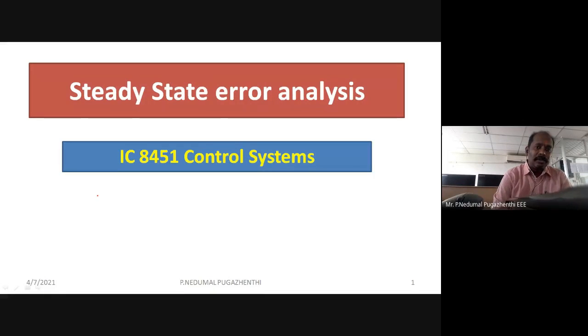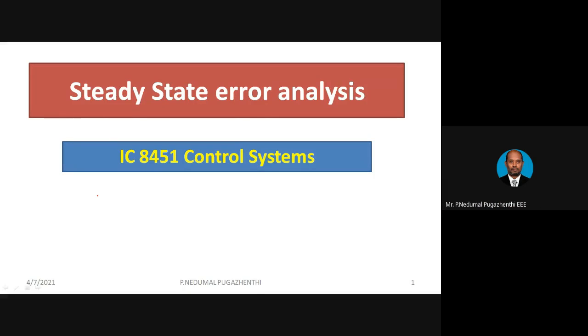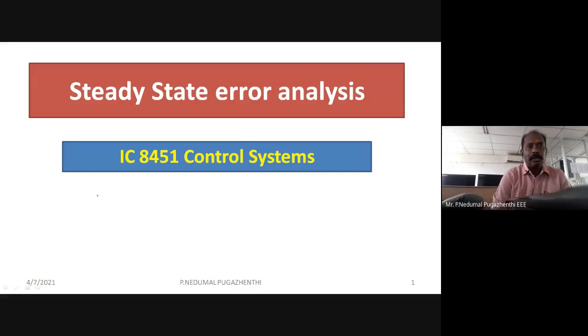Transient response analysis is what we have discussed so far for first order, second order, and the time domain specifications, which mostly lie in the transient part. And what happens to the steady state part? That's the discussion here.